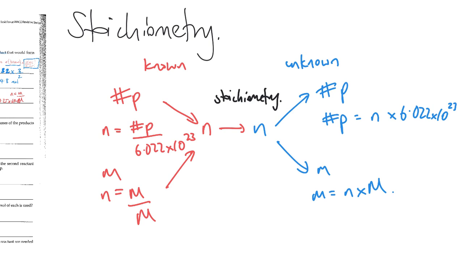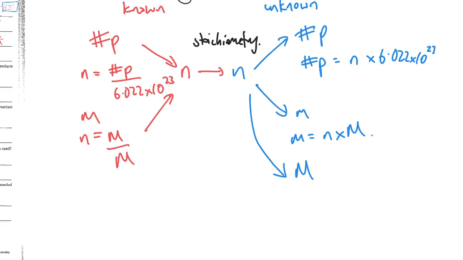And if you're really clever, you could even work out the molar mass of something if you were given the mass and the number of moles. Okay? So the molar mass could be solved by doing big M is equal to m over n.